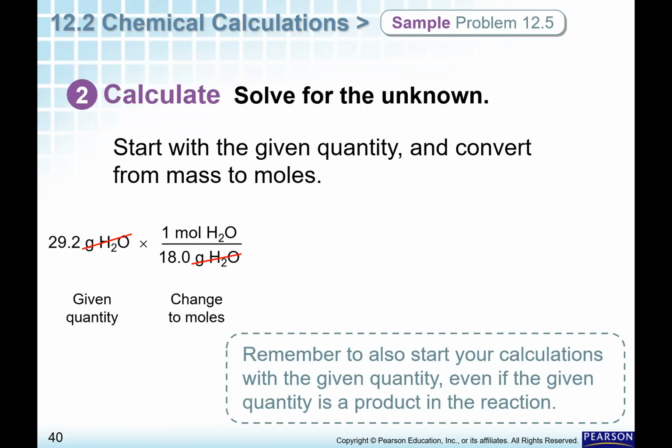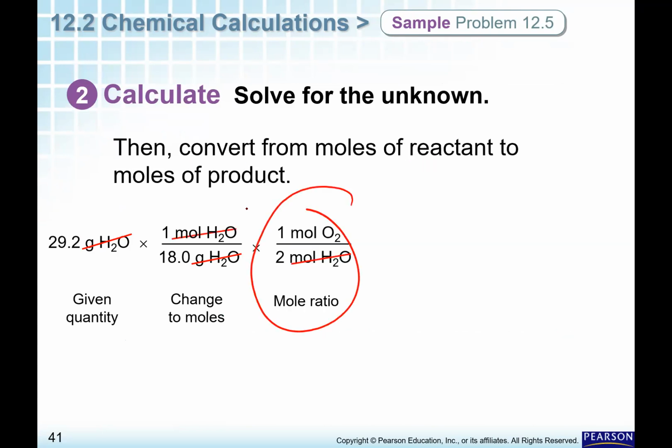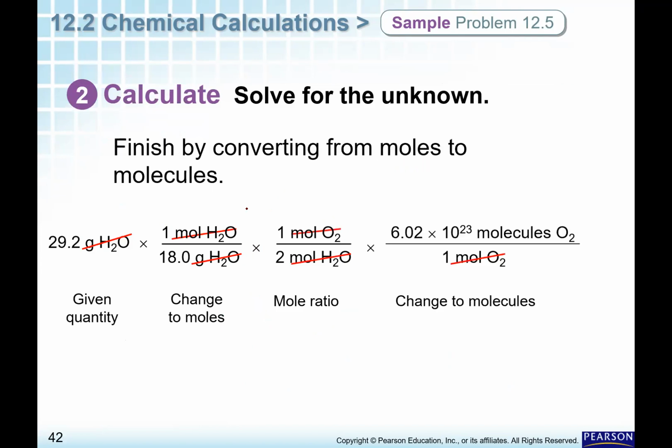So the first step, Yaban, is to convert the grams into moles. Then we take the moles from the water side to the oxygen side. After that, we multiply by Avogadro's number, and that will give you the number of molecules of O2 that can be produced.